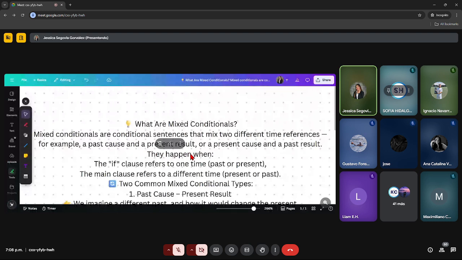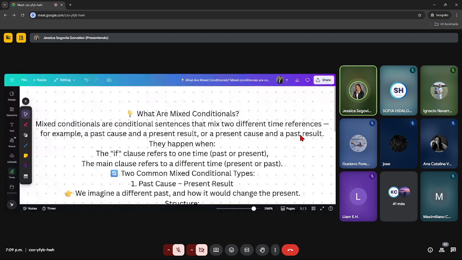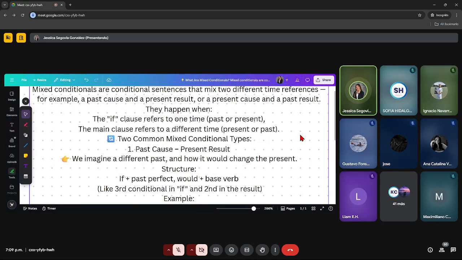For example, a past cause or past situation with a present result, or a present cause or present situation with a past result. This is what we have been seeing in class. They happen when their if clause refers to one time and the main clause refers to a different time.